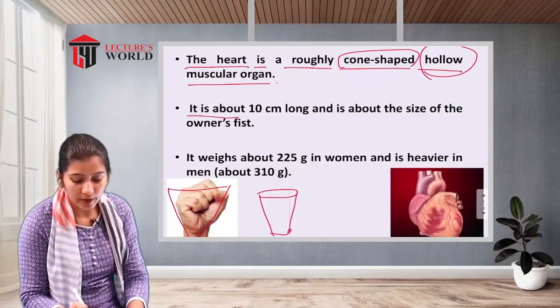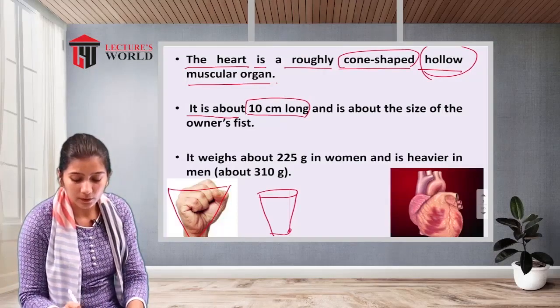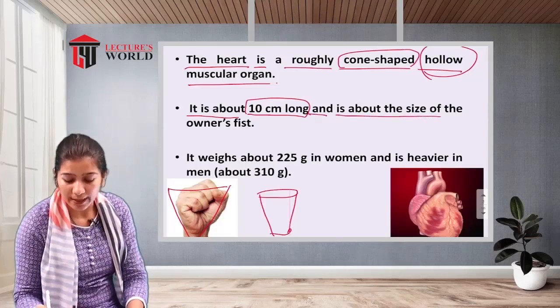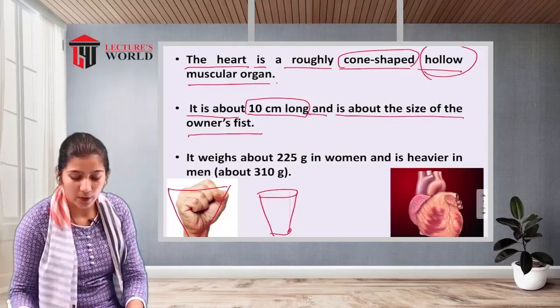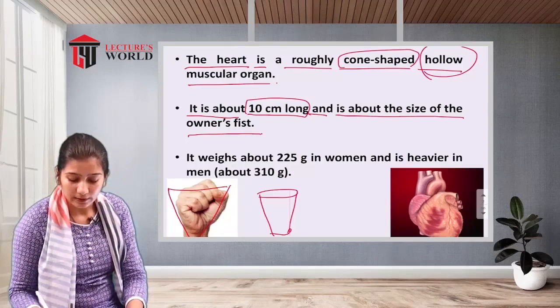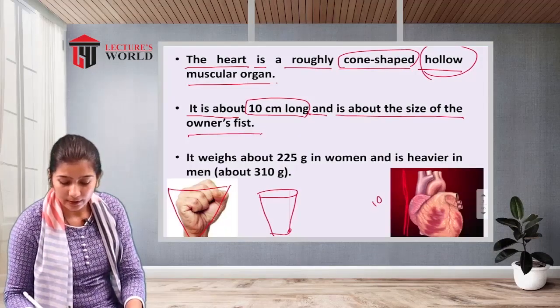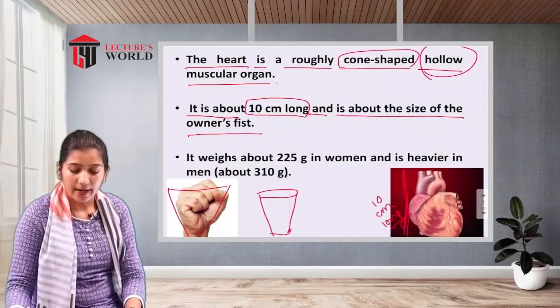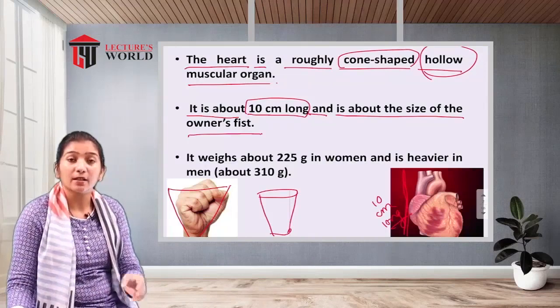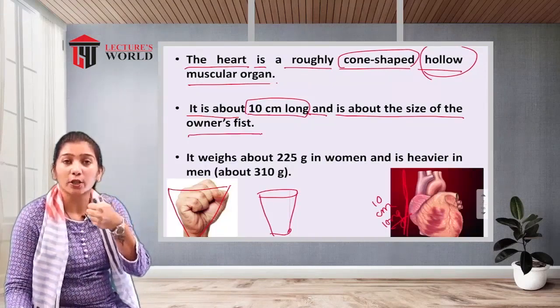It is about 10 cm long and about the size of the owner's fist. So the height of the heart is 10 cm, and the size of the heart is approximately the owner's fist.